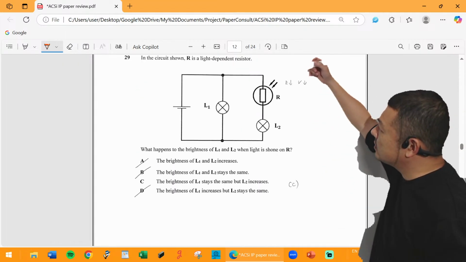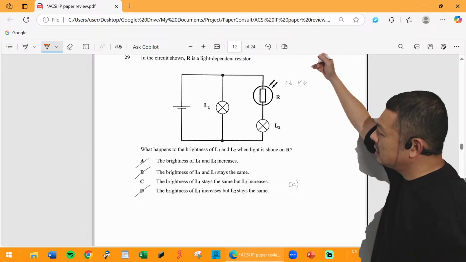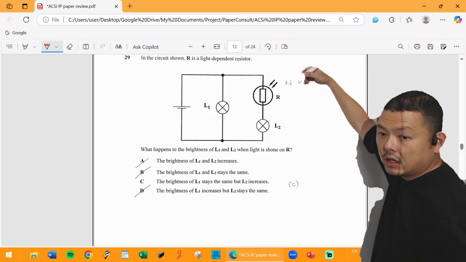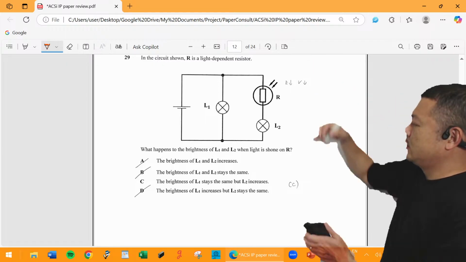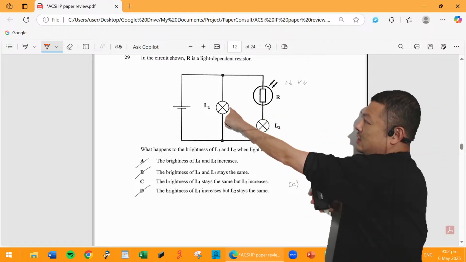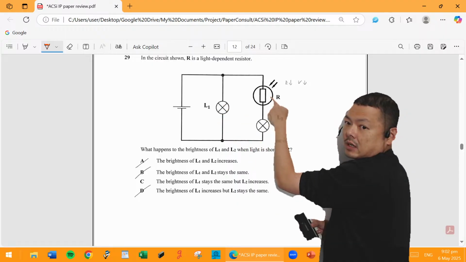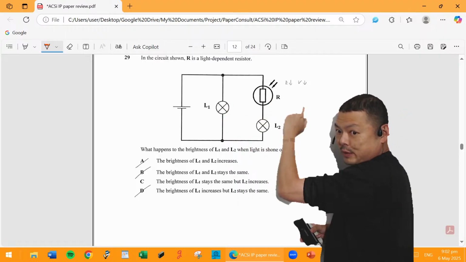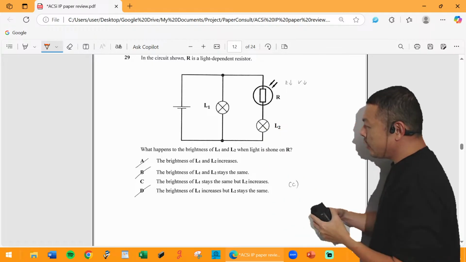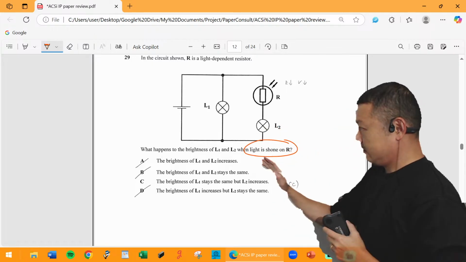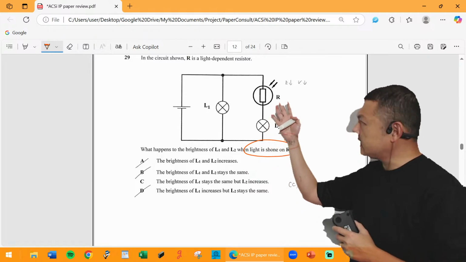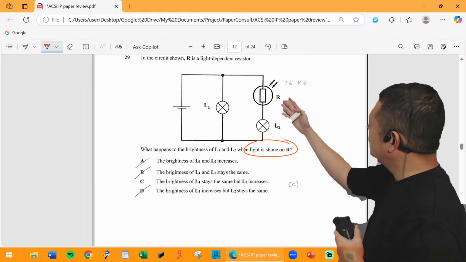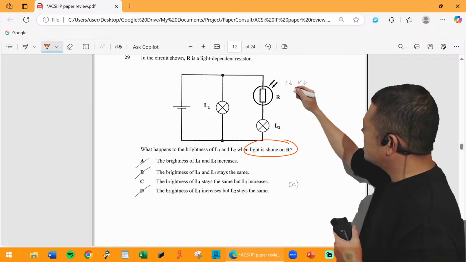29. Who got? Huh? This one you need. Why? Okay, wait. Okay. Firstly, these two lamps, right? Will it affect this one? No, we mentioned this before, right? Okay. So you go and shine light on R. What happens to the resistance?